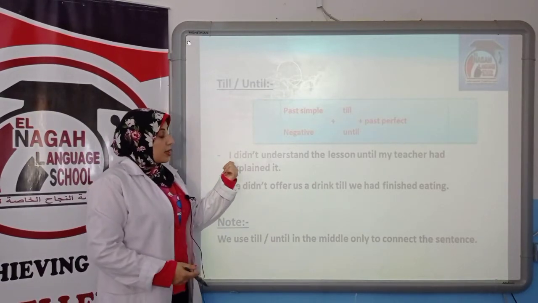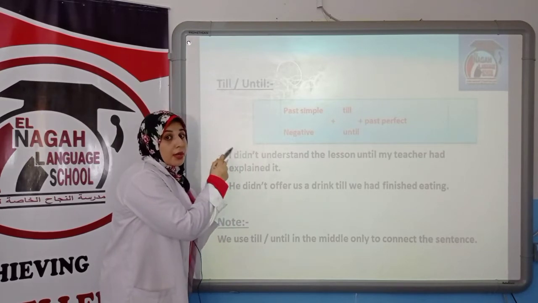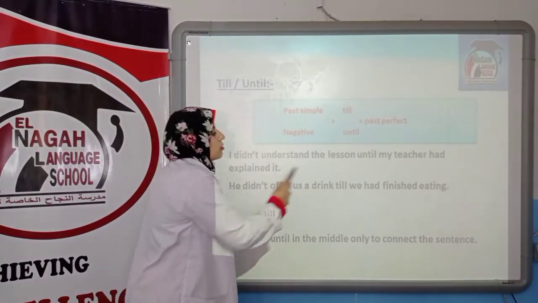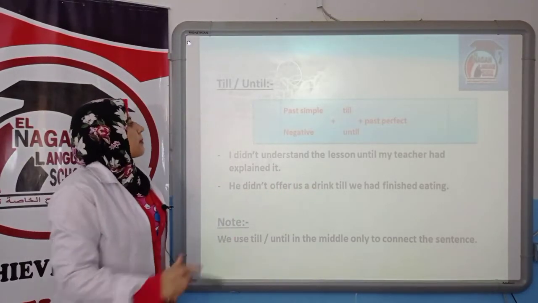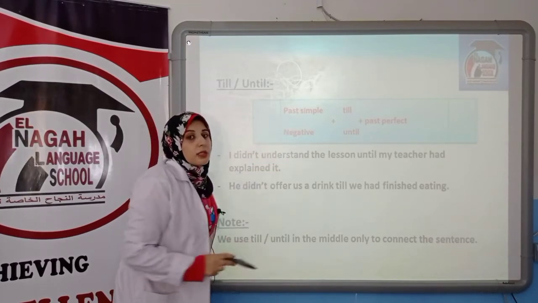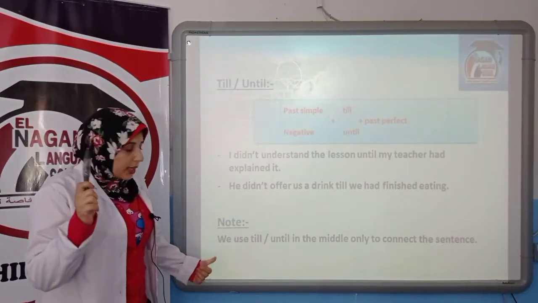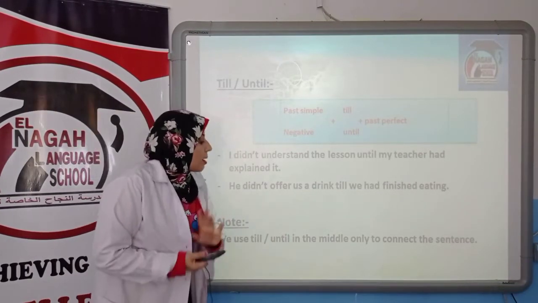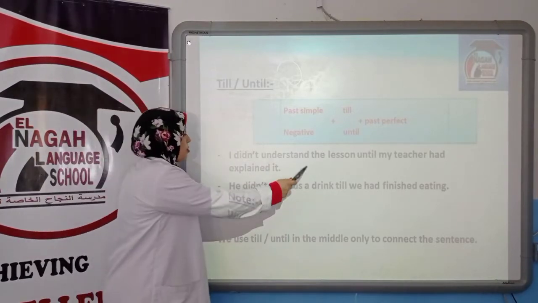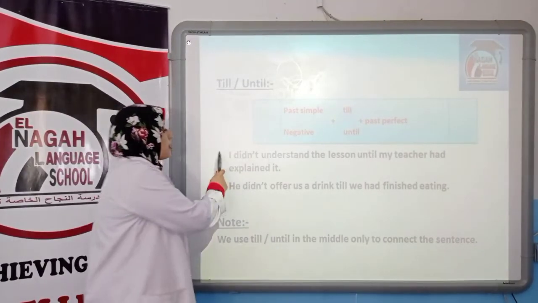Here, we use past simple in the negative form before until and till, plus past perfect. Take care: till and until are used in the middle only to connect the sentences. We can't use them at the beginning.